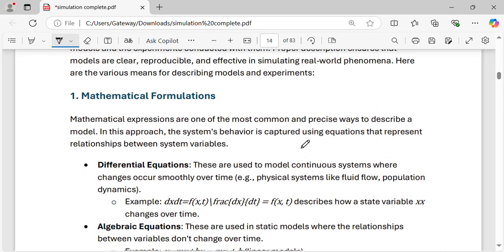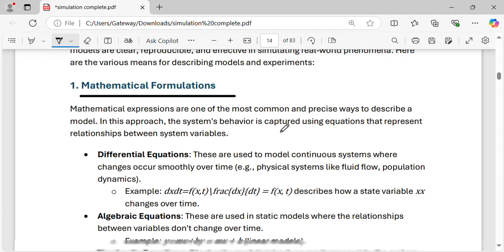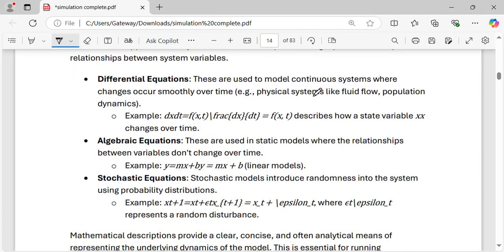You can use mathematical formulations. The other expressions, like differential equations, are used to model continuous systems where changes occur smoothly, like fluid flow and population dynamics. You could have how a state variable x changes over time.